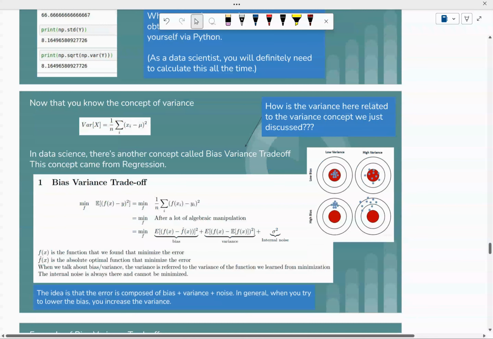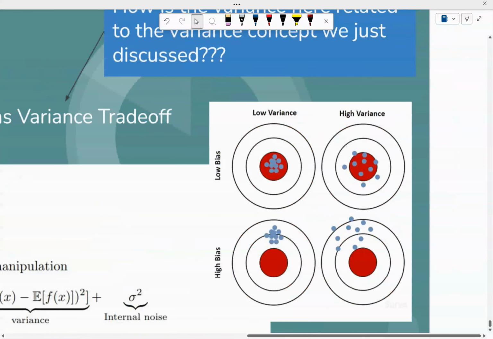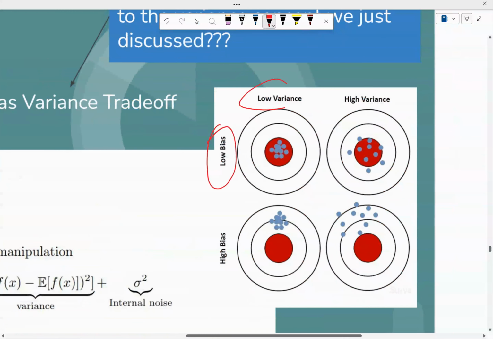Right, now that we've gone through the concept of variance, let's talk a little bit about this thing called the bias variance trade-off. So what is a bias and what is a variance? Bias is saying whether, on average, you are hitting the target. So over here is an example of low bias, low variance.